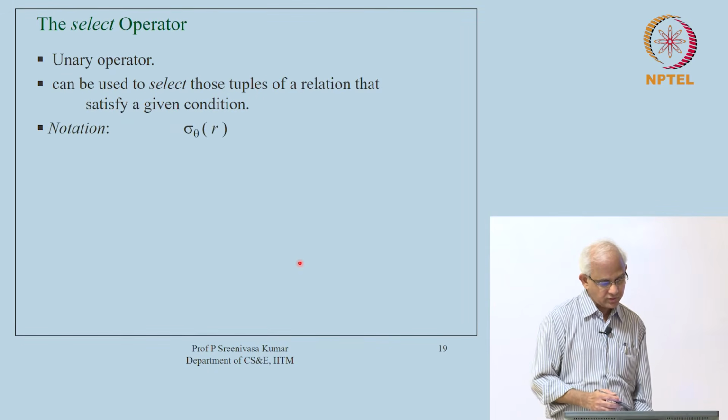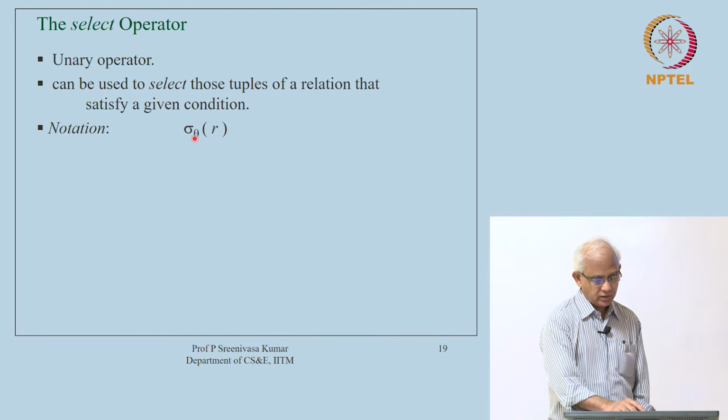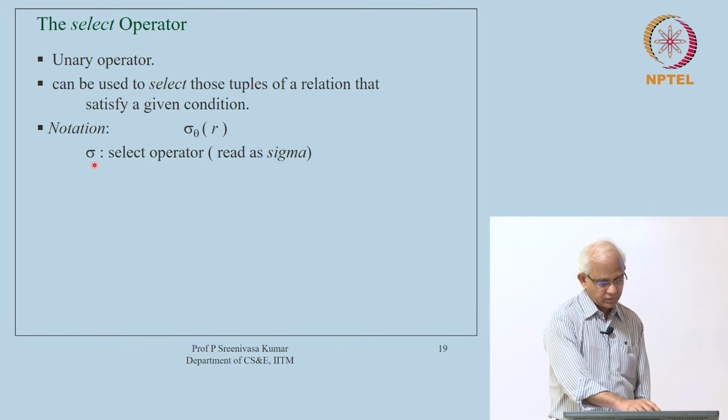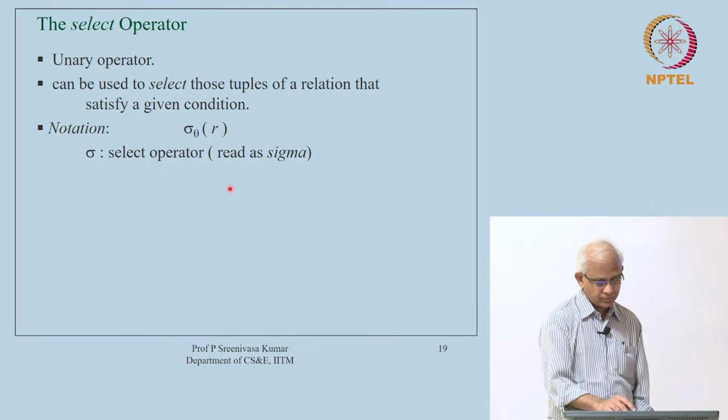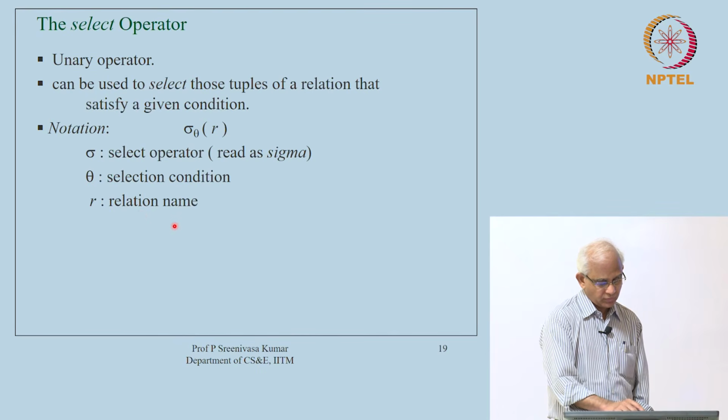The notation here is to write it as sigma, theta, and the input relation R. So, theta is the selection condition, sigma is the select operator, and R is the relation name.